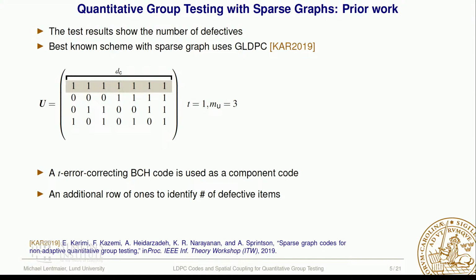It is using BCH codes, T-error correcting codes, as component codes, and it was possible for this quantitative scheme to use the error correction radius to peel off parts of this graph in an iterative manner. So it relies on the T-error correction probability.